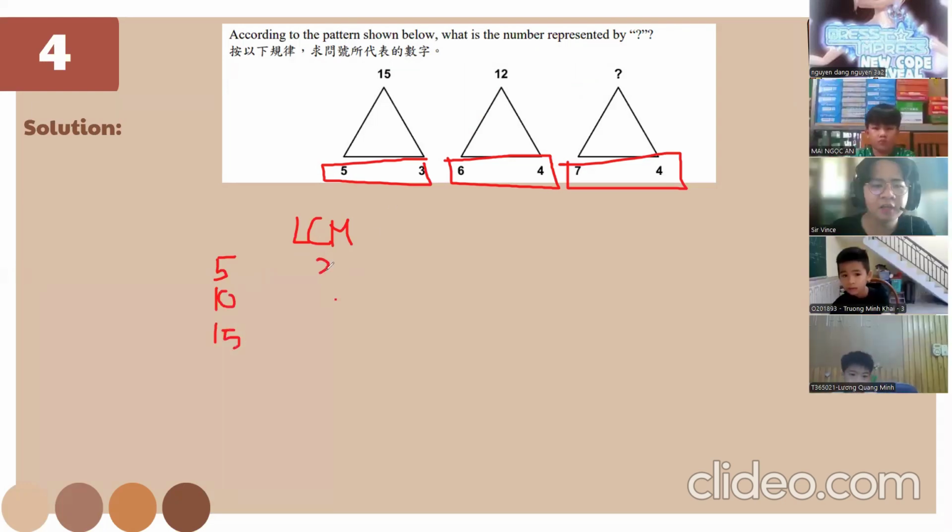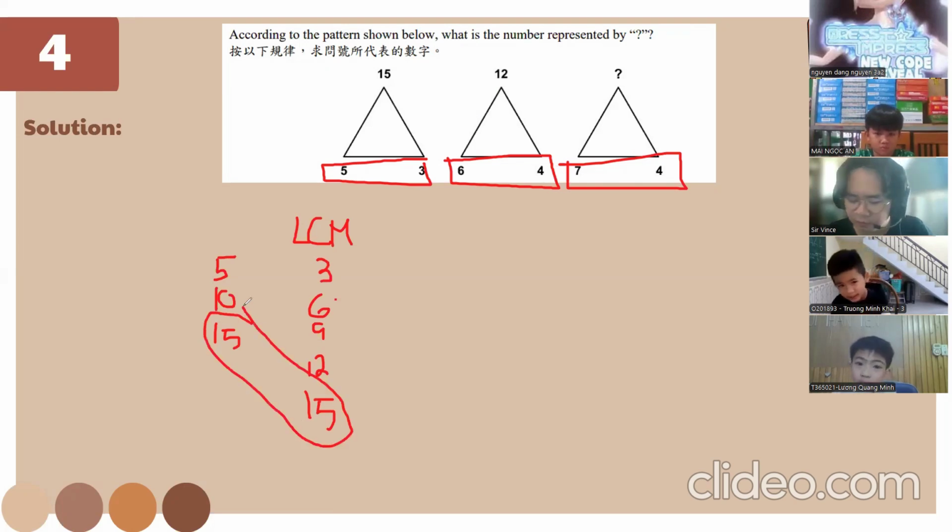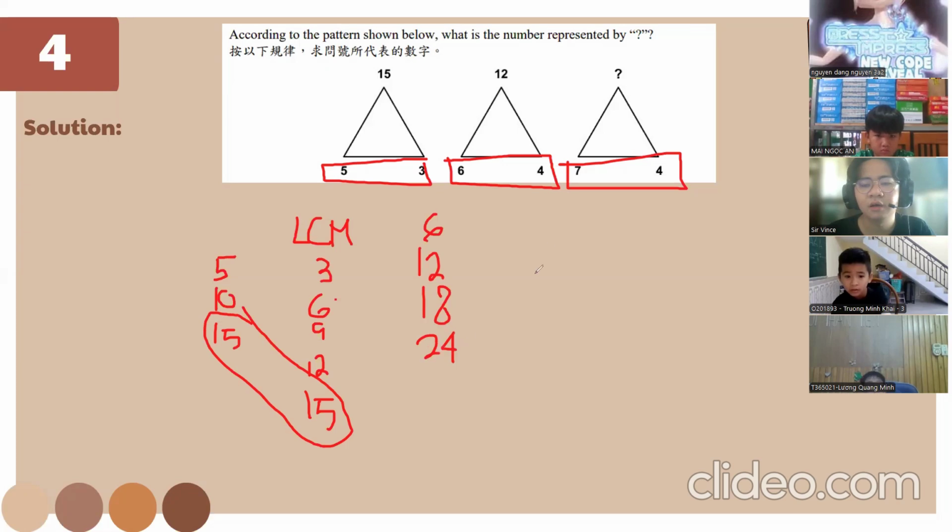Then we know that 3, 6, 9, 12, and 15. Okay, so this is their lowest common multiple. For 6 and 4, it's 12. Teacher, is this the LCM? Okay. So 4, 8, 12, 16, 20, and 24. But we know the LCM is 12, so that's why it's 12 here. Okay?